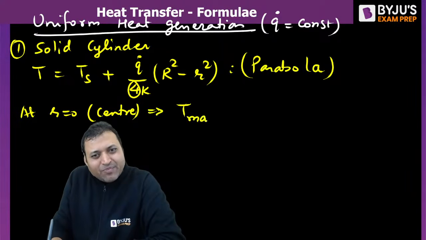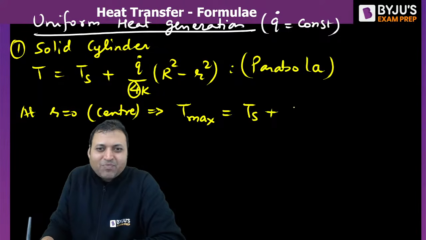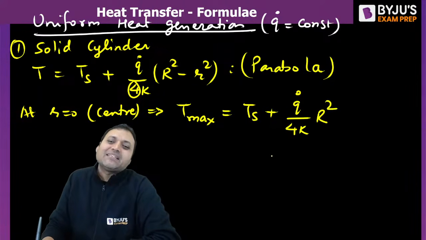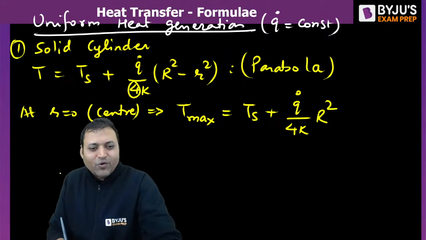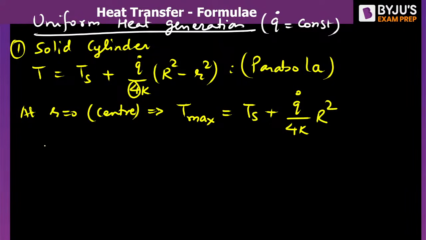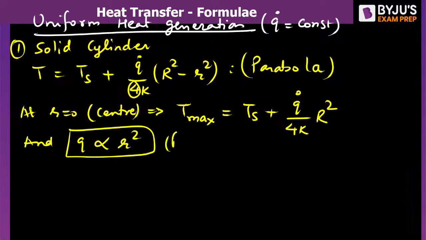So T maximum is Ts plus Q dot by 4K into capital R square, where capital R is the radius of the cylinder. Also, Q will be a function of r square, that is parabolic. Q will be proportional to r square because dT by dr is proportional to r and area is also proportional to r.